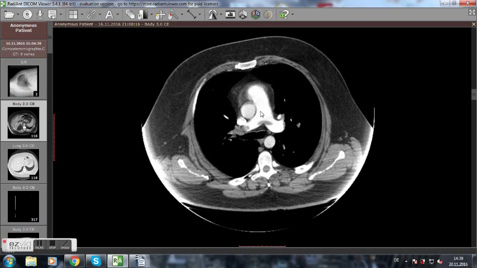So here the truncus pulmonalis, the right pulmonary artery, and the left one.